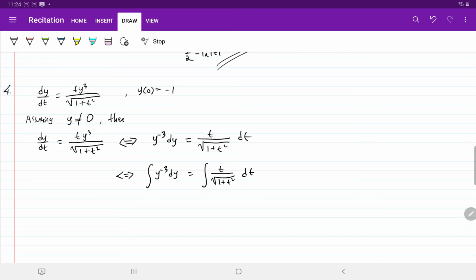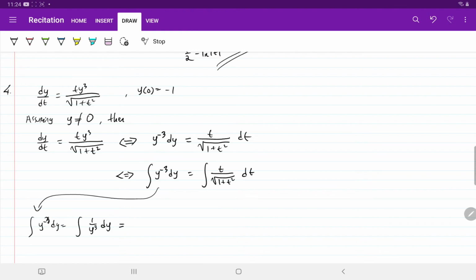Okay, so integrate y to the power minus 3 dy is 1 over y cube dy.